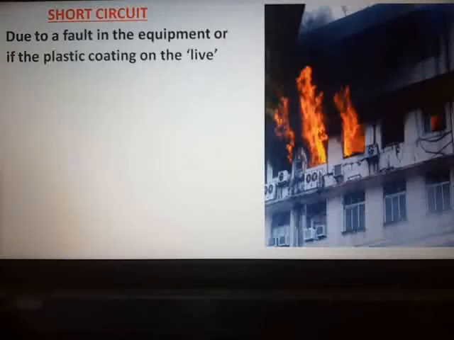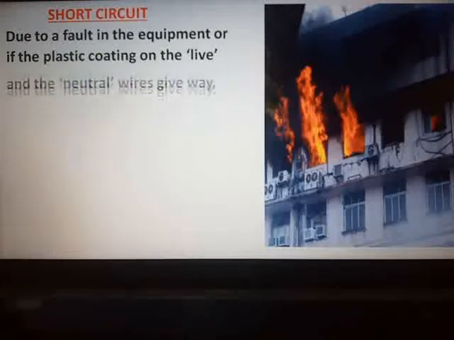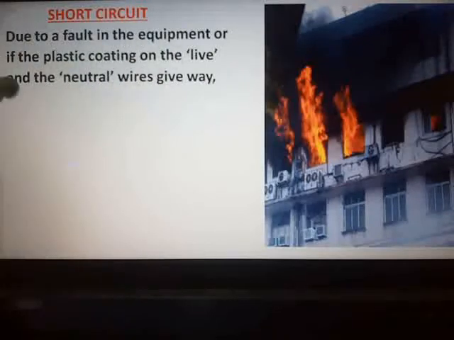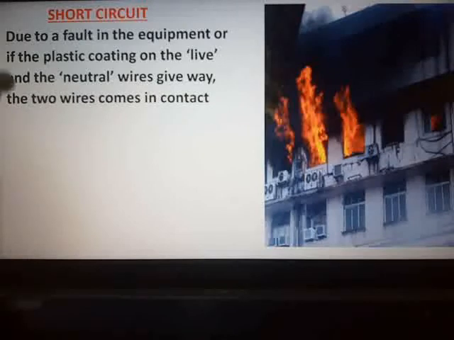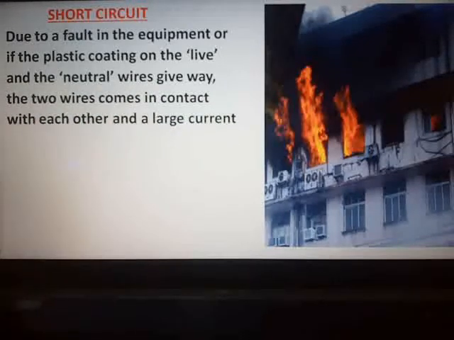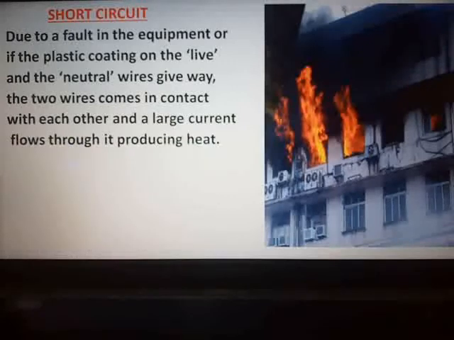Out of these, when a fault in the equipment is seen or the plastic coating on the live and the neutral wire gives way, these two wires come in contact with each other, and a large amount of current flows through them, producing more heat. I also told you last time, during short circuit, what happens?